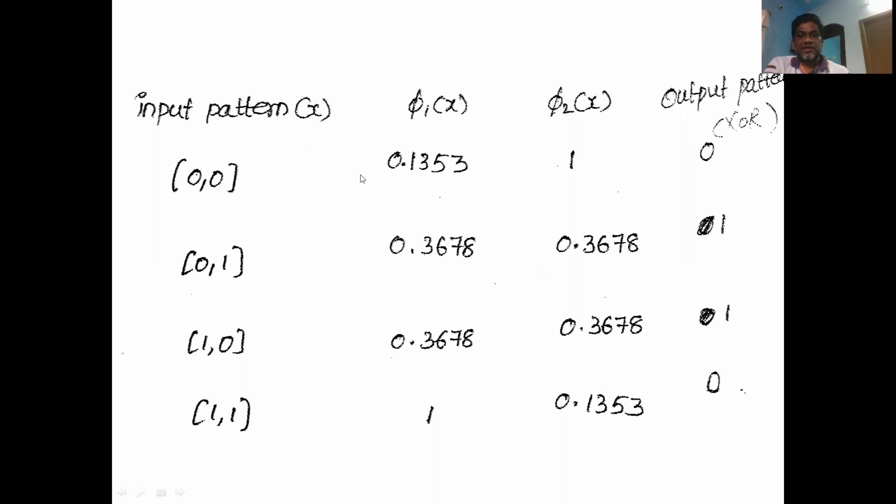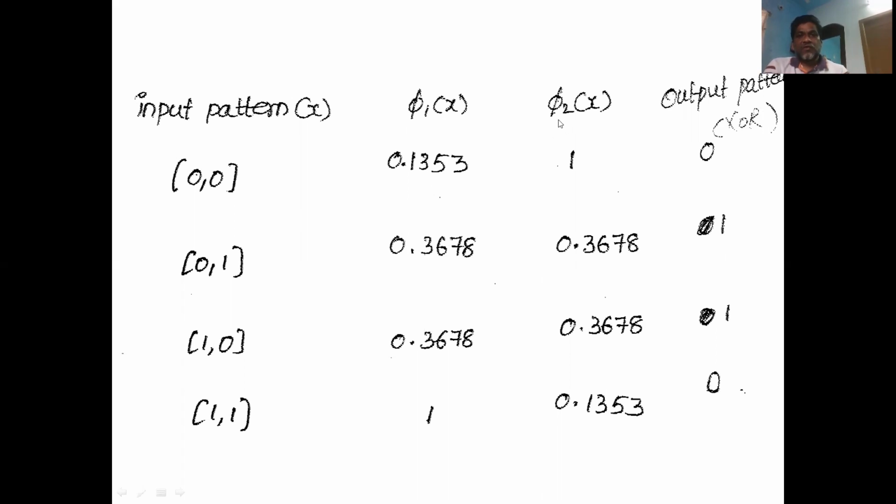Euclidean distance between x and t1, that means 0 0 and the center 1 1, means square root of 0 minus 1 whole square plus 0 minus 1 whole square, that is going to be square root of 2, and because we have e power minus some value, you will get 0.1353 as phi1 of x. So you will get this value after applying e power minus of the value that you have.